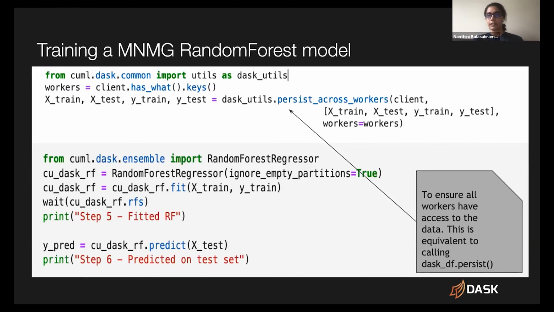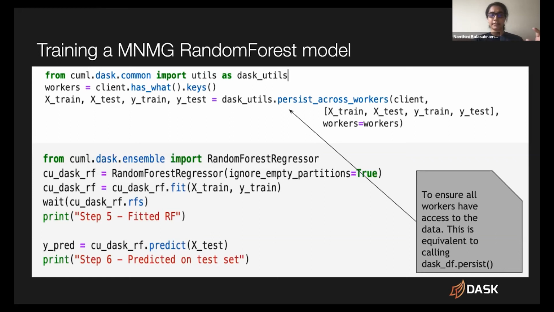This is very similar to calling Dask data frame dot persist. It's just an easier way to call it on all of them at once. So the persist helps all the workers have access to the data set they're going to be dealing with, so that we don't get no data errors, which can break the workflow too.